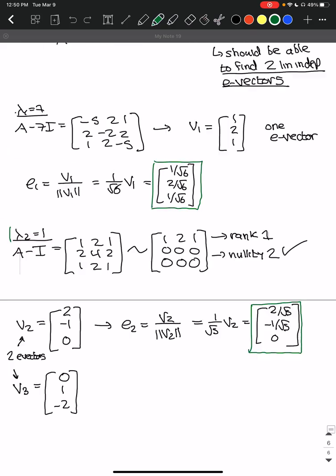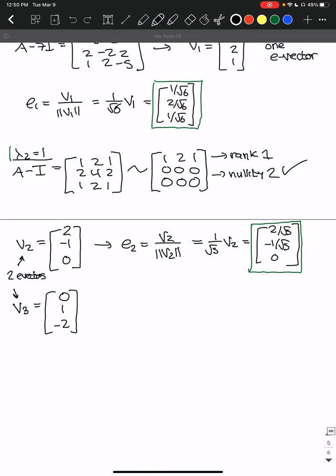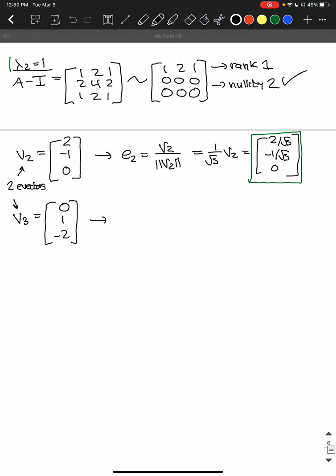So now we say that E3, which we generate using V3 and E2, is equal to W3 over the norm of W3, where we know that W3 is equal to V3 minus the projection onto E2.